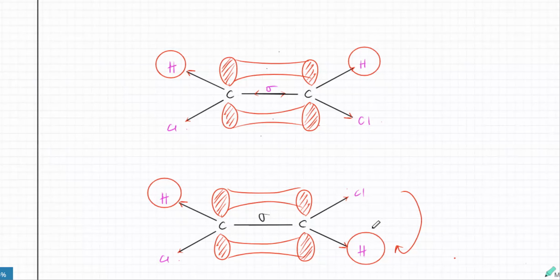If you try to rotate one side, then the double bond would break in the middle. If you try to rotate it anyways, the whole molecule would rotate. This H would go up, but the other H on the other side would then get rotated 180 degrees and it would be pointing downwards. Is that clear? Yes. So pi bond restricts rotation.